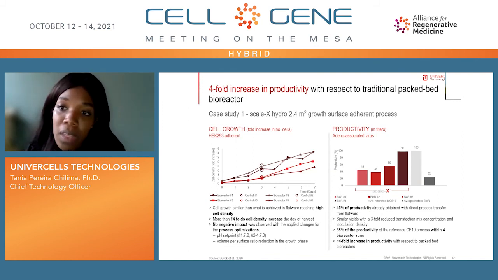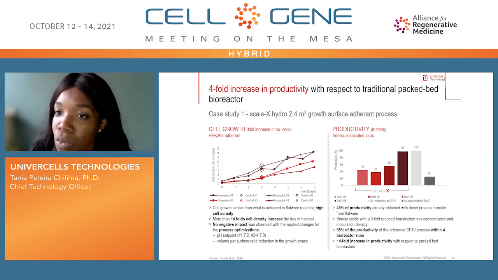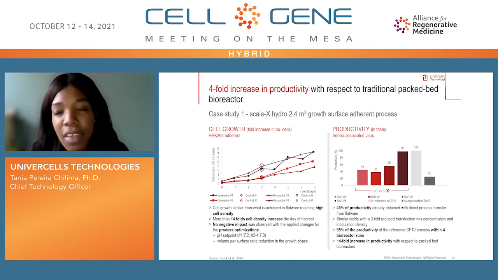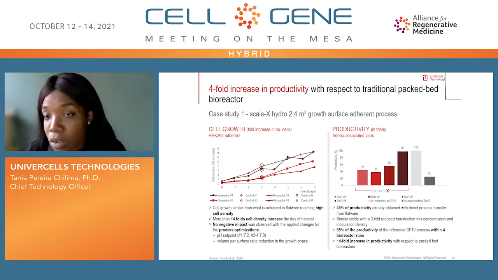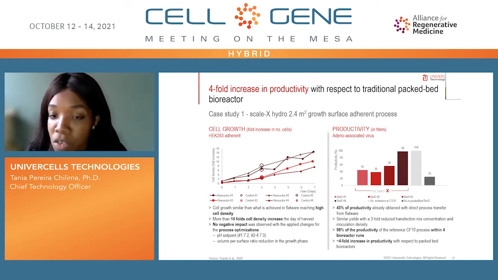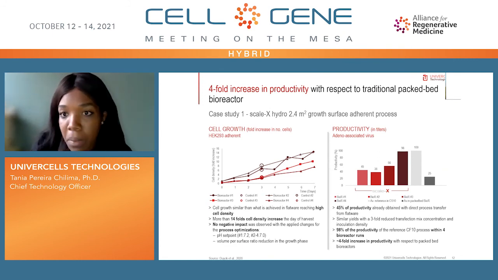Here, we see that we achieved comparable results with respect to the cell factories, even though we reduced the amount of cells in the system per square centimeter and reduced the seeding density and media usage, while we achieved a 4-fold higher productivity with respect to traditional packed bed bioreactors.